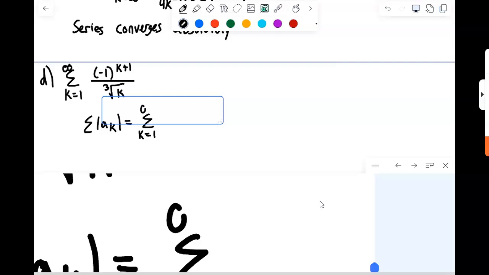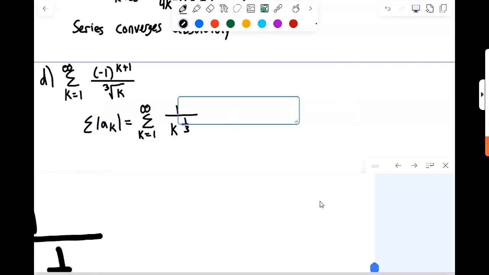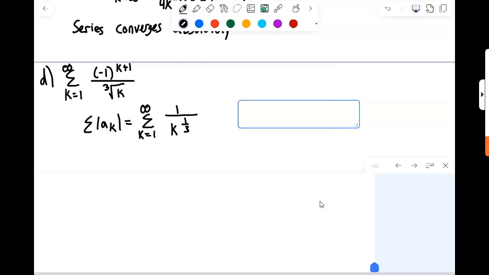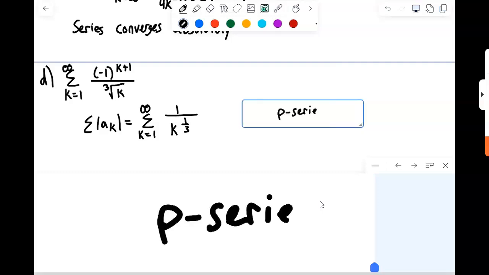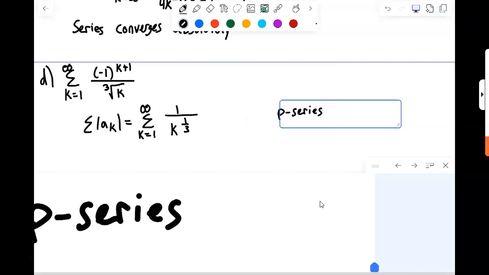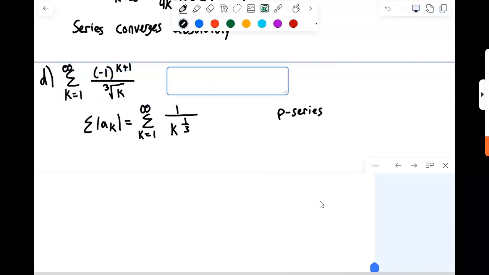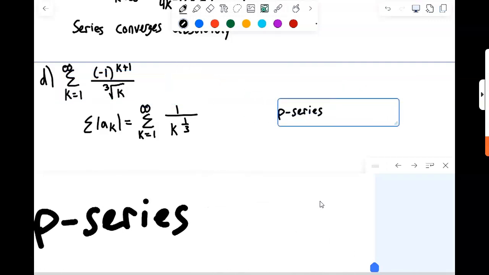I mean, we could try some of our tests and see how it applies to something like 1 over k to the one-third, but 1 over k to the one-third we can recognize as a p-series. Right? That's one of our results, was a p-series. So unless we're specifically told to use this method, we can leverage our knowledge of p-series.